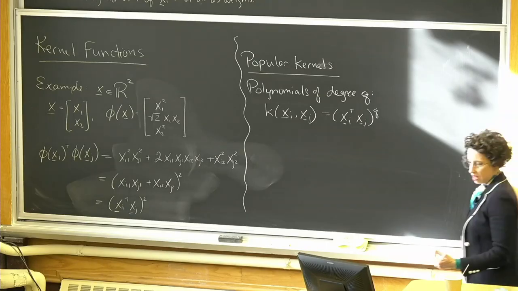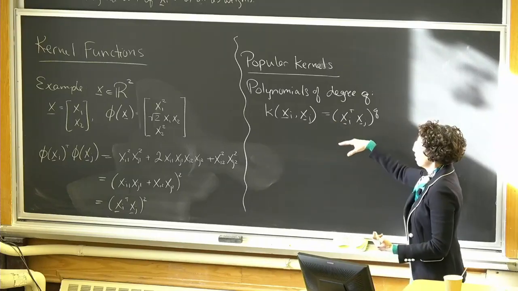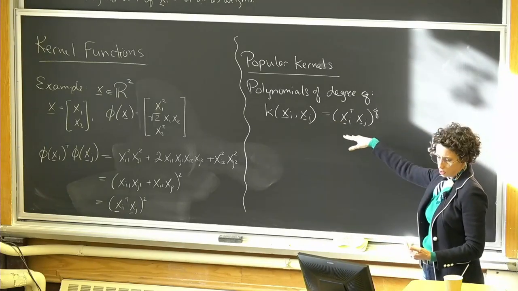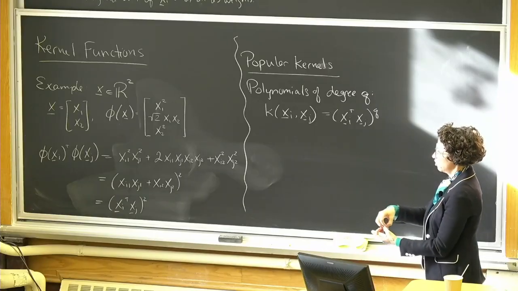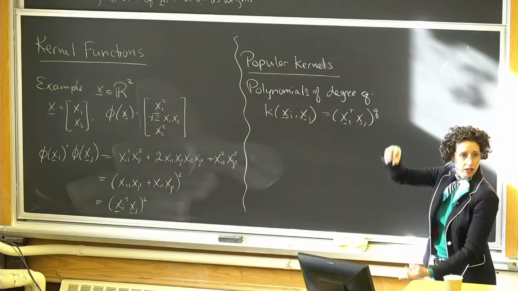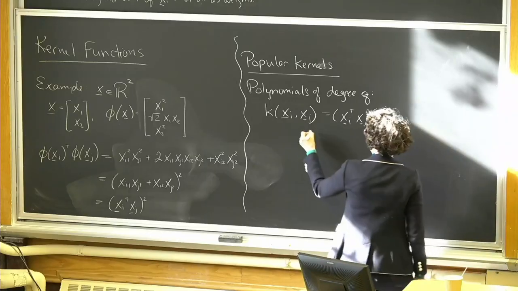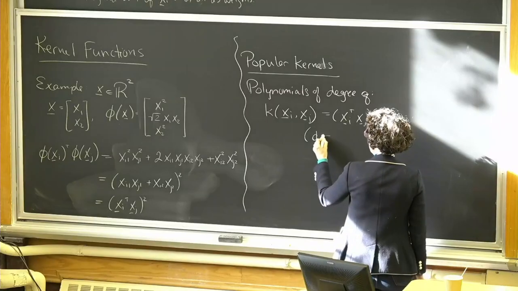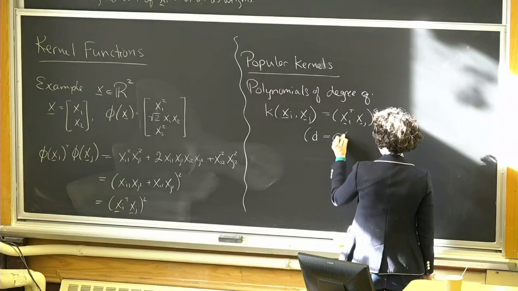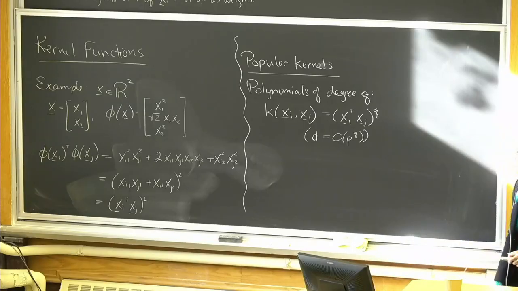This is a nice example because if I was to think about what the corresponding phi was, where I'm mapping a vector x to all of the corresponding cubic monomials, then the dimension of phi of x would be roughly on the order of p to the qth power.